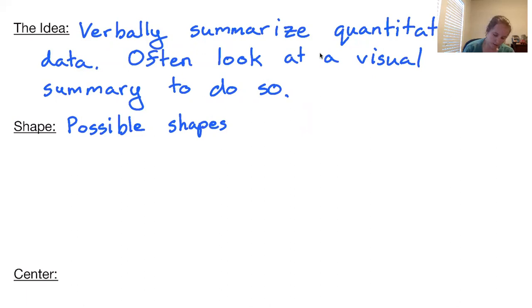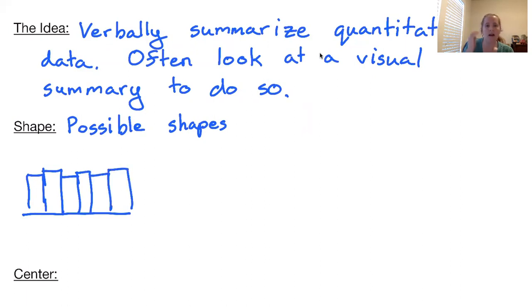We could have our histogram have all of the bars be more or less the same height. We call this rectangular or uniform. So on a uniform distribution, it doesn't really matter which category you pick, they all pretty much are equally represented.